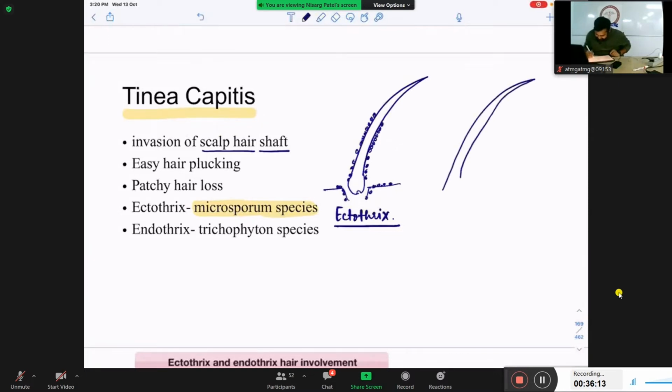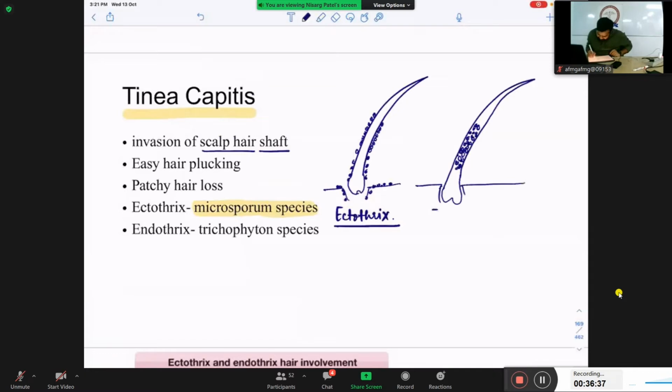But another example, if this fungus is aggressive, this fungus will go inside my hair shaft to eat up all its keratin. It is eating up all this keratin from inside.